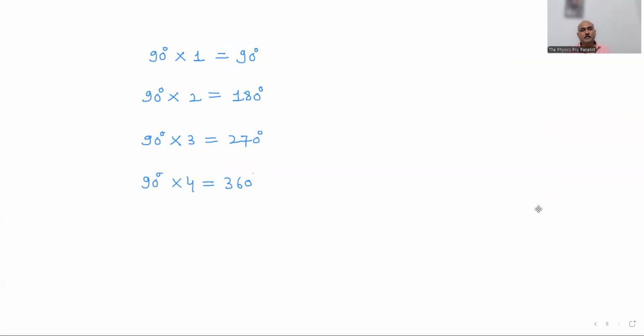Right? This is an odd multiple of 90. This is an odd multiple of 90. Why odd multiple? Because look, there is 1, there is 3, so odd multiple. I hope it is clear to you. This is an even multiple. This is an even multiple. Yes or no? All of you understood what are odd and even multiples of 90?